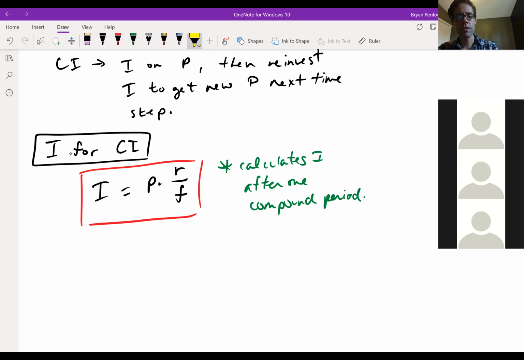And so if you're curious, there is this kind of terminology we use. It's called compound period. A compound period essentially is a length of time in which my money is able to earn interest.